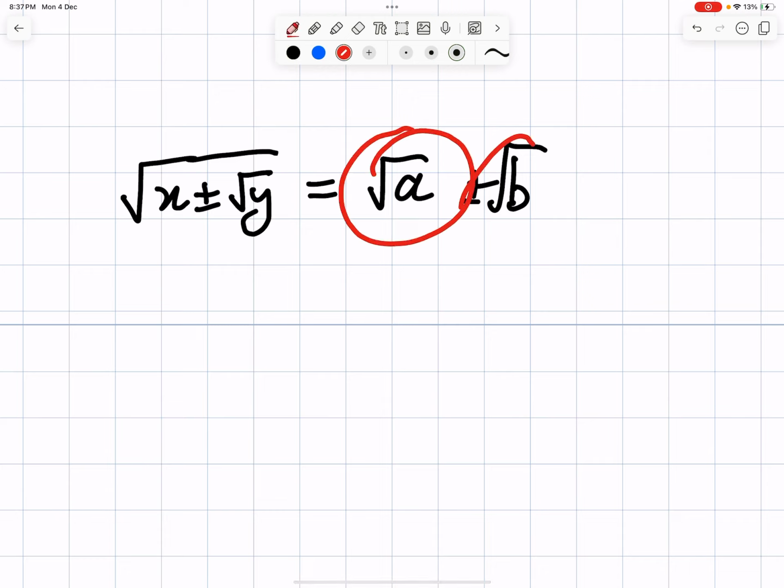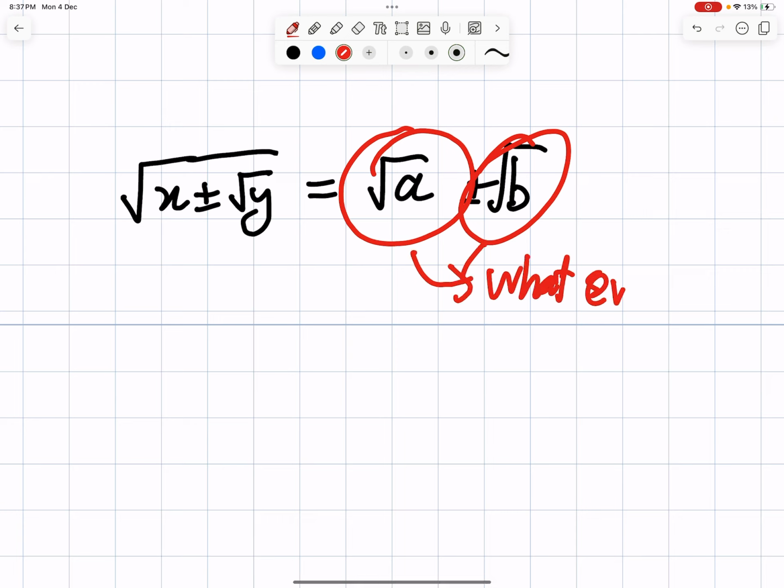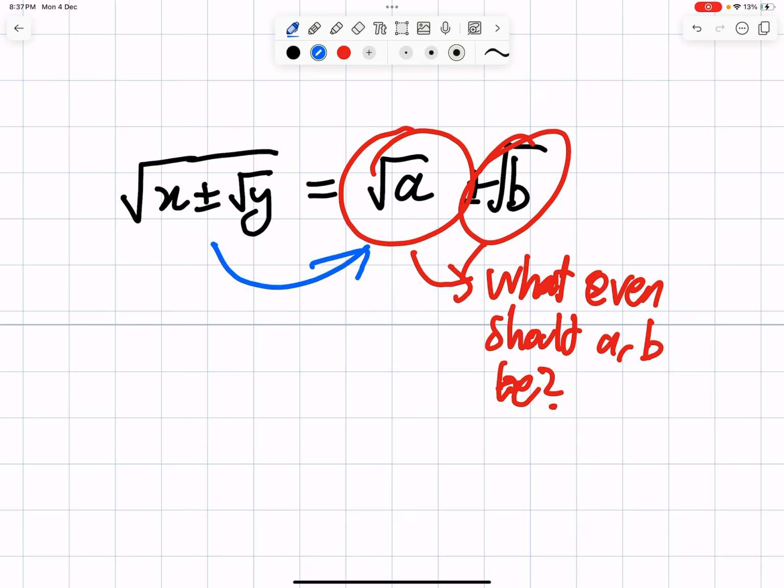But what even should a and b be? So I'm going to describe a method in this video which will allow you to convert from this form into this much nicer form.